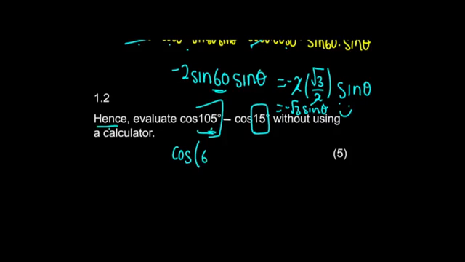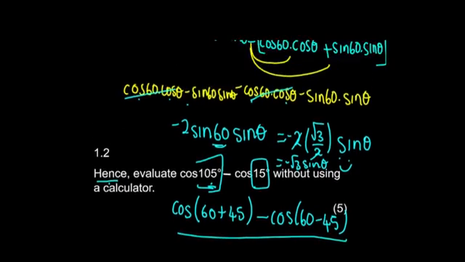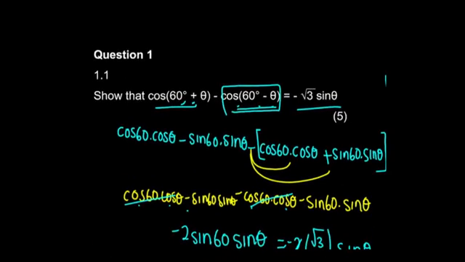So I can rewrite 105 as 60 plus 45, minus cos of 15, and 15 is 60 minus 45. And this looks very, very good to me because this resembles exactly what we were asked to show. We show that cos of 60 plus an angle minus cos of 60 minus that same angle will give us an answer of minus root 3 sine theta.